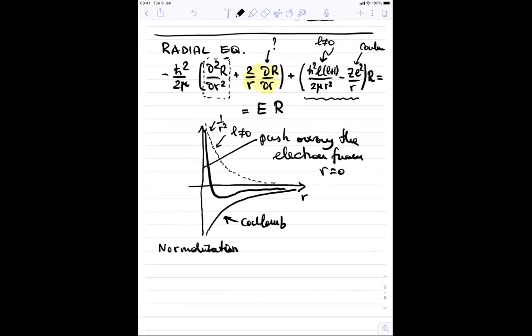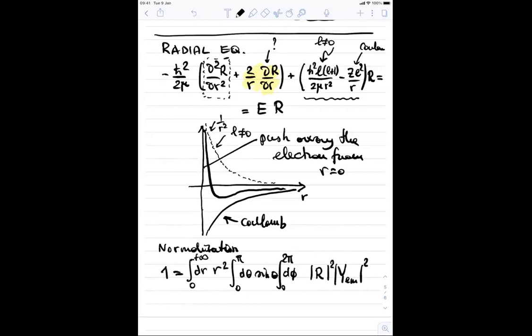I should impose that the integral in dr from 0 to infinity with the factor r square, and the integral from 0 to pi in d theta sine theta, and from 0 to 2 pi in d phi, of R square times Ylm square, is equal to 1.